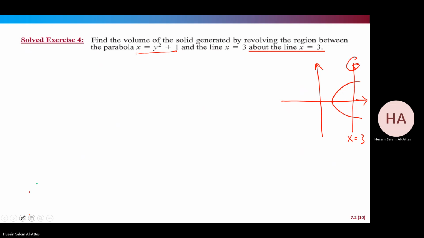Okay. So let me do the line. This is my line. I make it perpendicular to the axis of revolution. That will be my R. So R of y will be what in this case? It will be the line, which is 3 minus the function, which is y squared plus 1. That gives me what? 2 minus y squared.